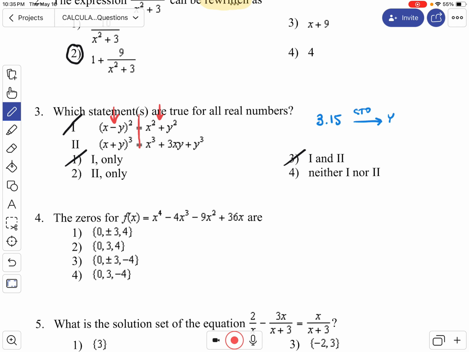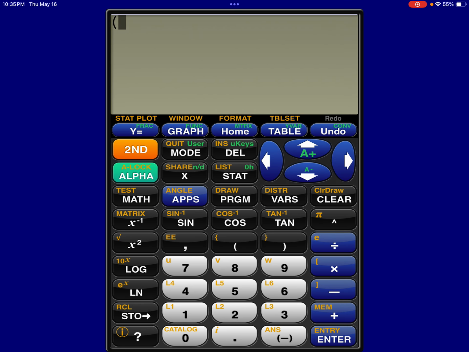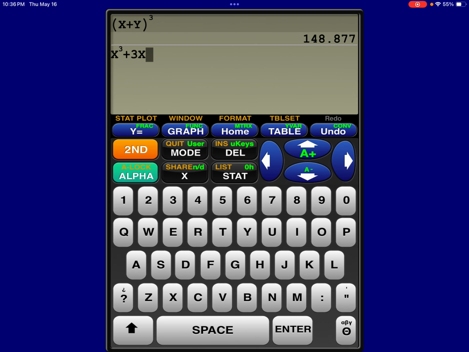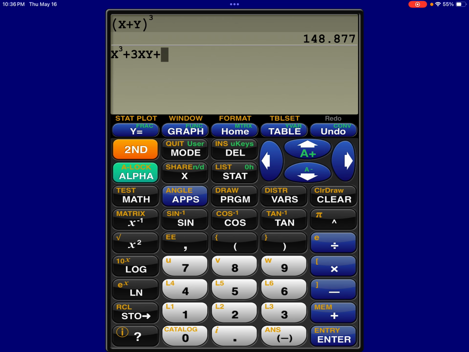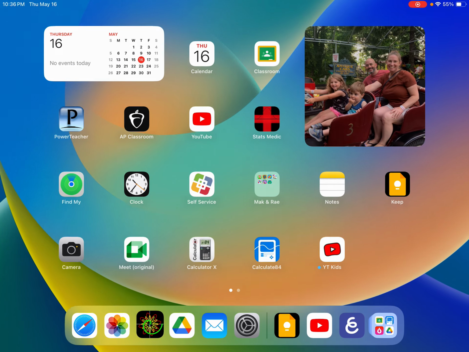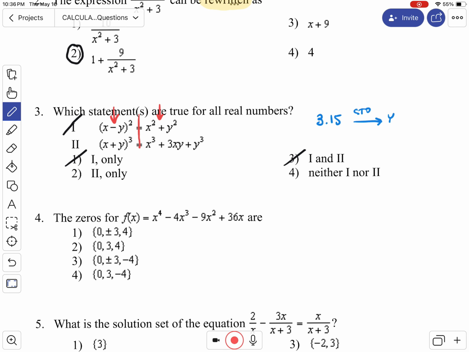And now let's try the second identity. Let's plug in the left side, which is x plus y to the third power, and then the right side, alpha y plus y to the third power, and they are not equivalent, which means that this is not an identity either. So our answer is neither 1 nor 2.